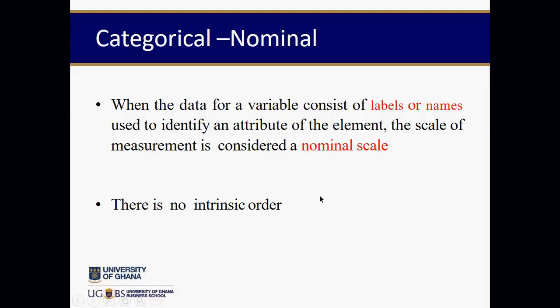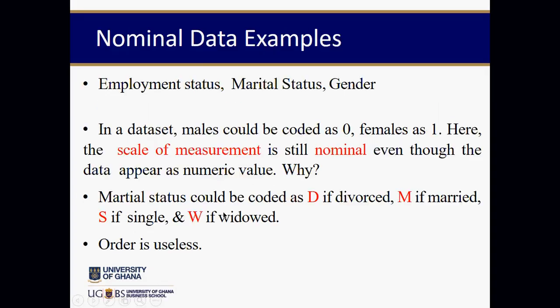You get it? If the data for a variable consists of labels or names used to identify an attribute of an element, let's say gender or names, the scale of measurement is considered nominal. There is no intrinsic order.